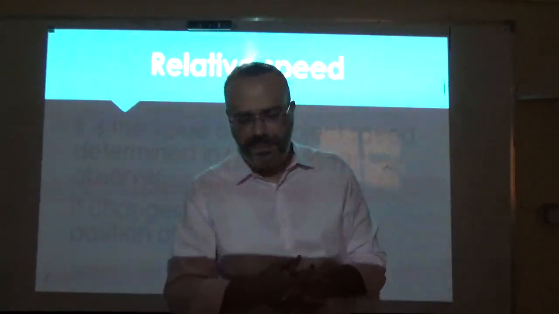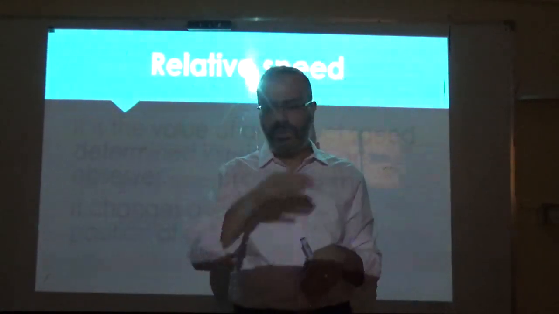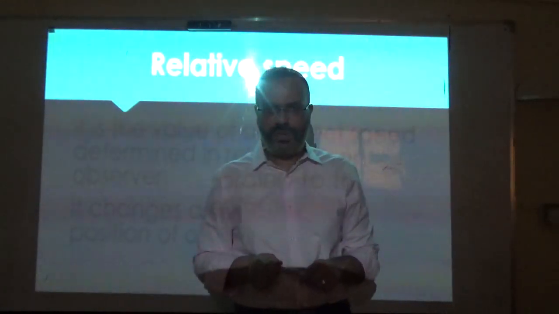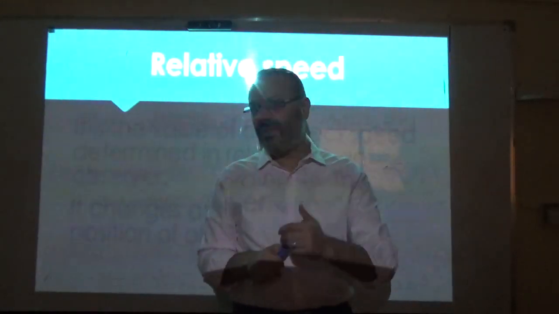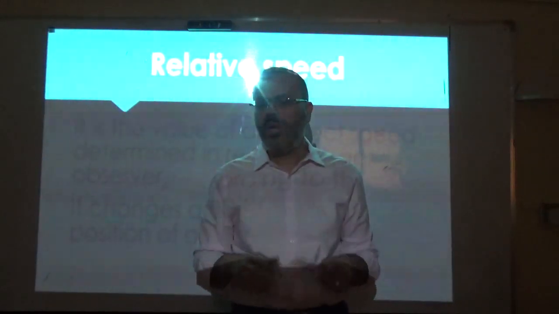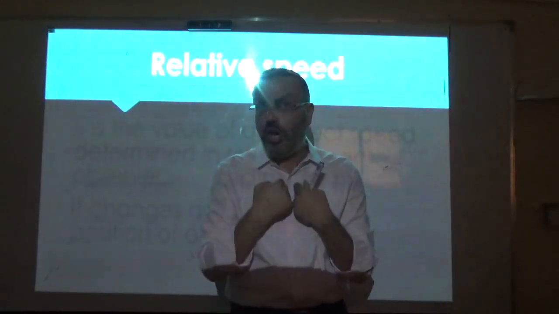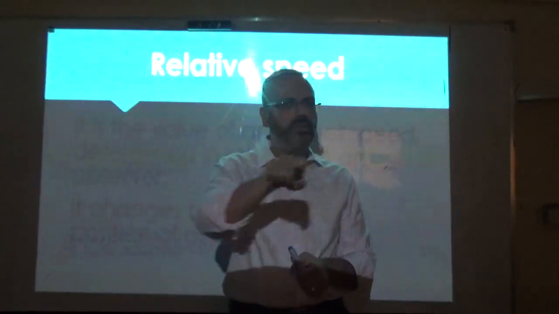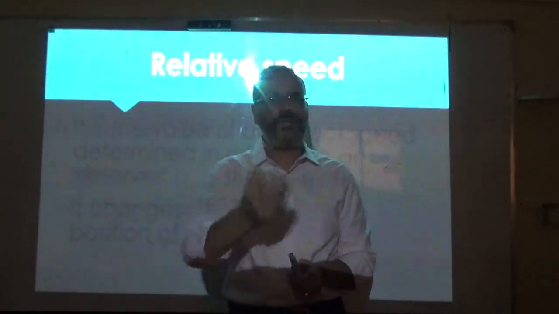For example, I stand on the road and there is a car moving in front of me with a speed of 80 kilometers per hour. What is the speed that I can observe for the car? I will see the car moves with a speed of 80.